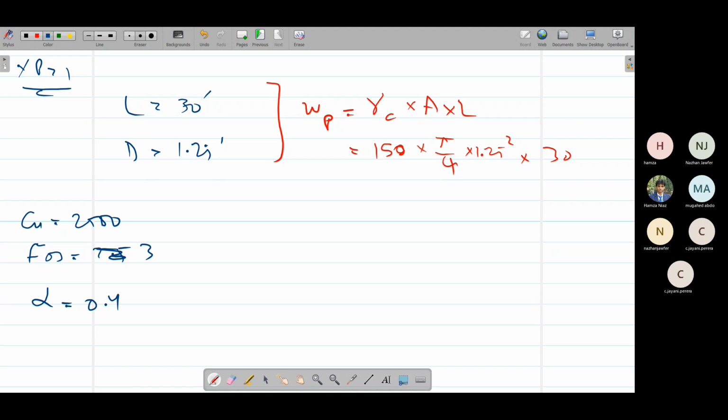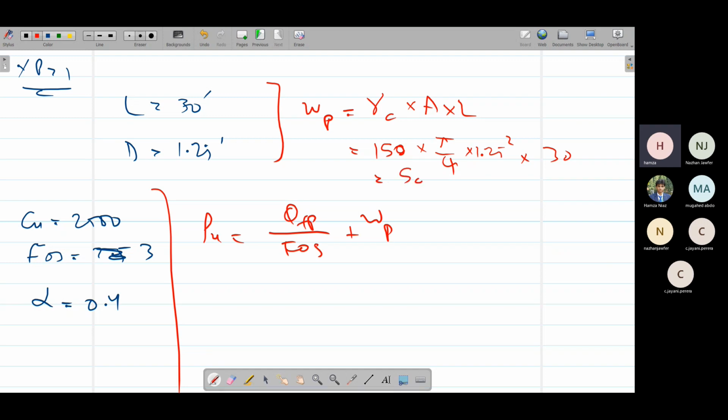We know the pull-out capacity is QFP over factor of safety plus weight of the pile. For example, the weight of the pile comes out as 5,000 pounds. So we'll use QFP as alpha times Cu times area of pile.